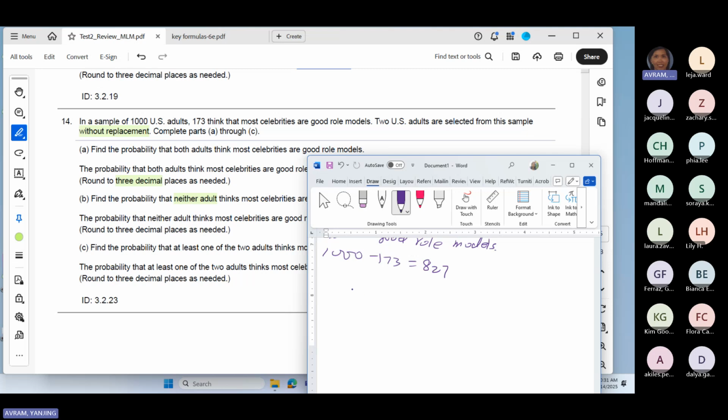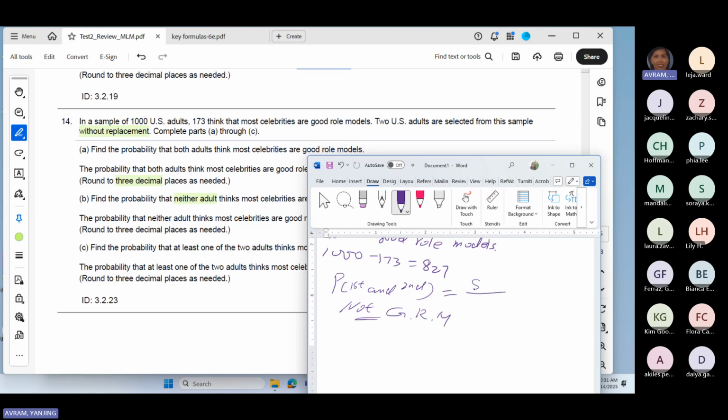So now you can go back and do something similar to what we did in A. Neither one of them means both of them. So the first one and the second one are both not a good role model. You want to use the first one times the second one.